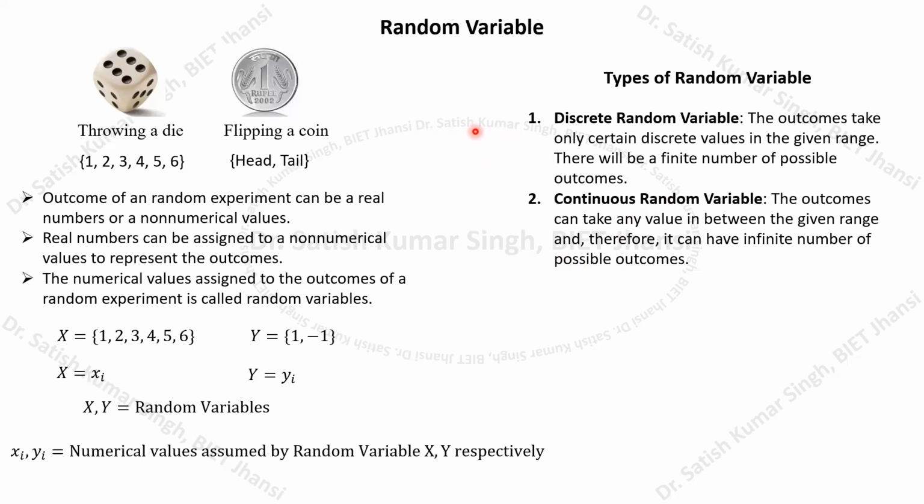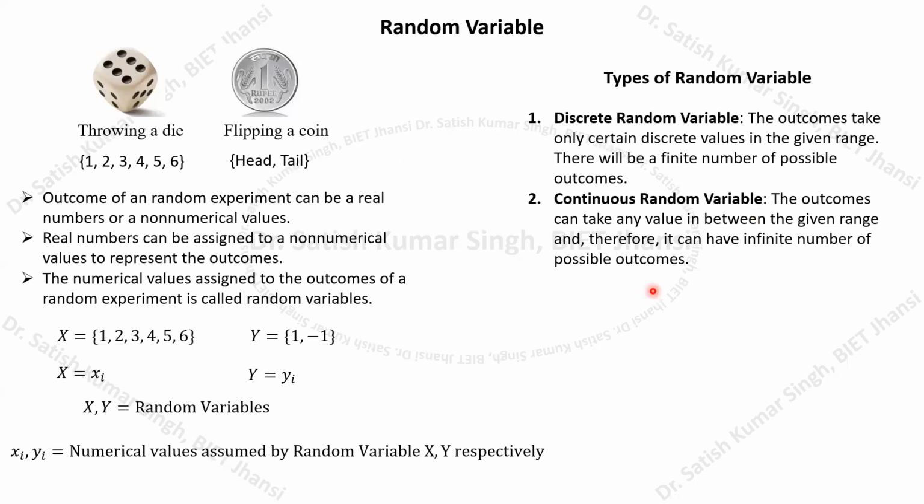It can be 0, it can be 0.001, it can be 0.099, it can be 0.997991. It can go from 0 up to 10 and assume any value. In such cases a total of infinite number of outcomes are possible. If that is the case, the random variable is called a continuous random variable.